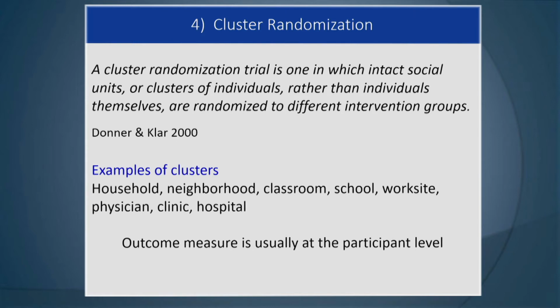Now here's a little bit of a trick with cluster randomization. It's a little bit tricky because the outcome measure is usually at the participant level, but the unit being randomized is the cluster. So there is a little bit of, not a disconnection, but they're off. And we're going to mention that very briefly.